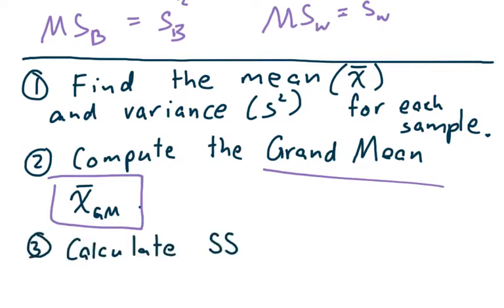The next thing after that is to compute the between group variance and the within group variance. We're going to break that into two stages. We're going to calculate sums of squares first, and then to find the variance, we'll do a division. So remember, SS stands for sum of squares. We're going to calculate the sum of squares between groups and the sum of squares within groups.